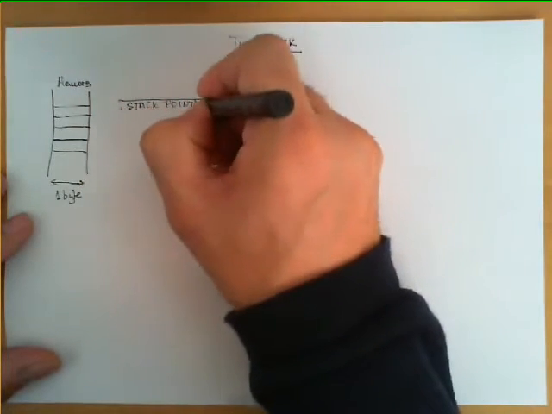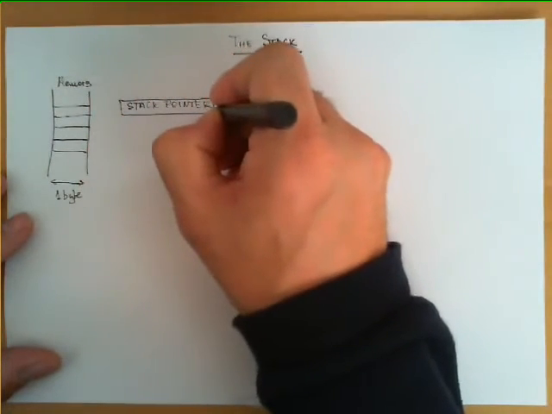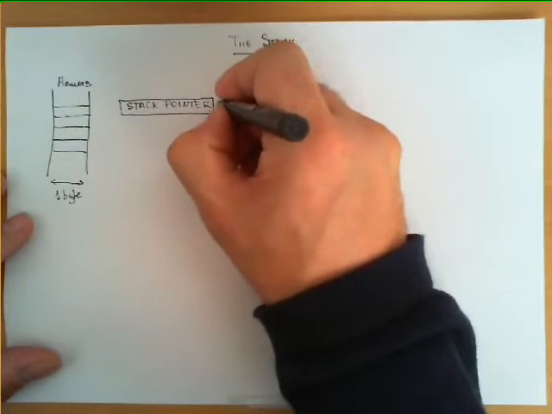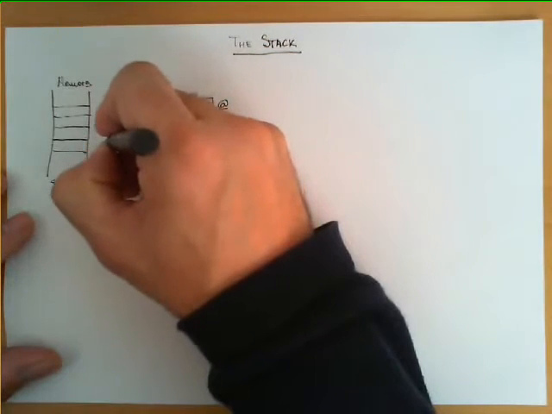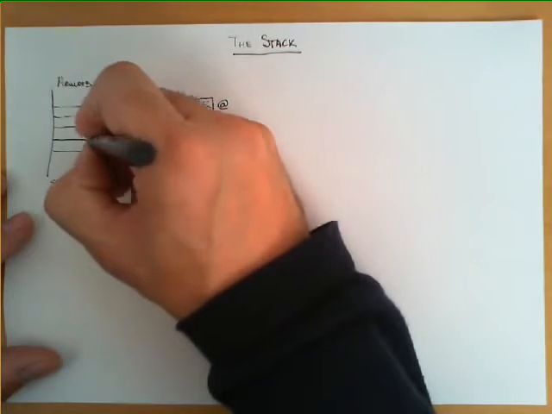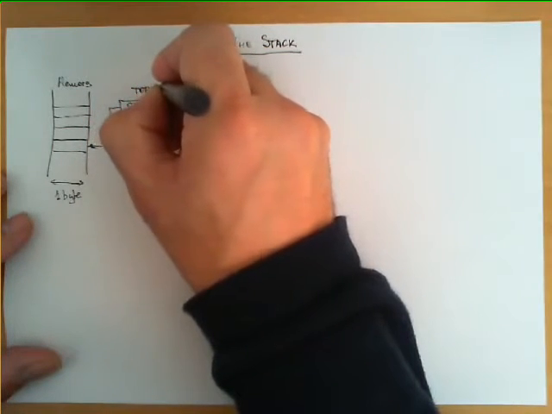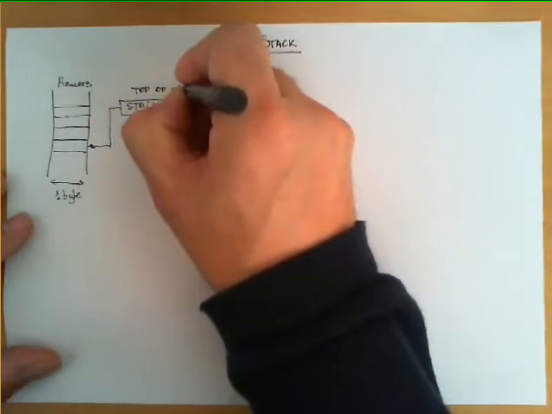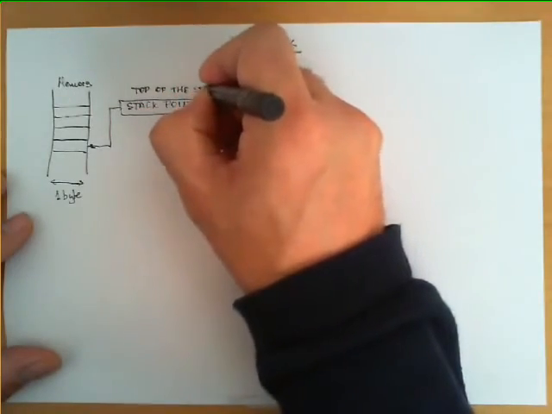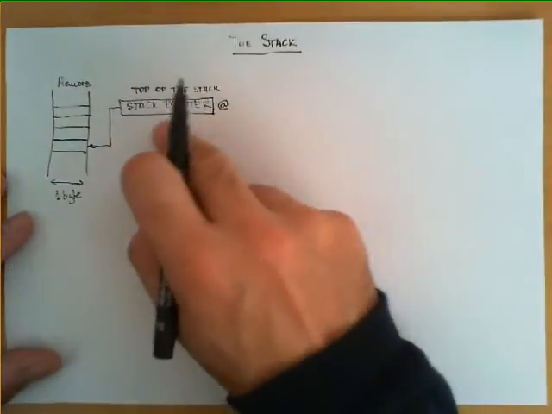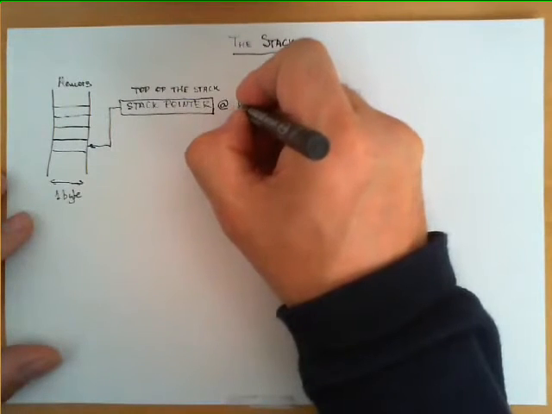Now this register, obviously, is going to contain an address that points to a cell in memory, which we call the top of the stack. And typically we abbreviate this register and we call it SP.